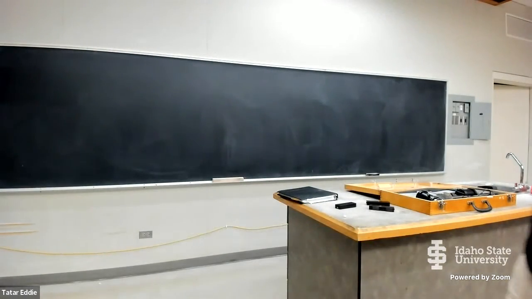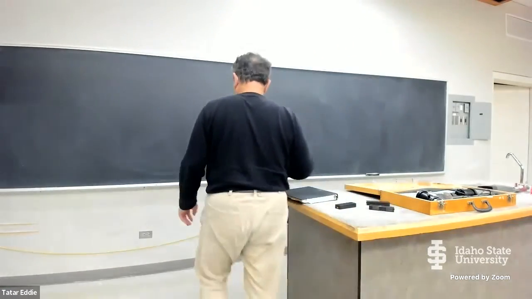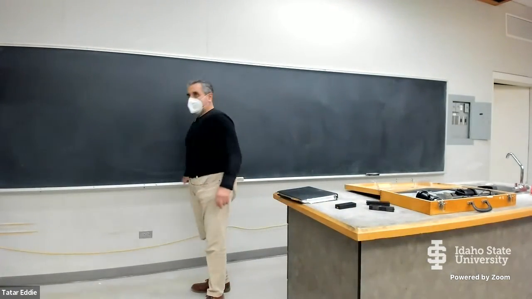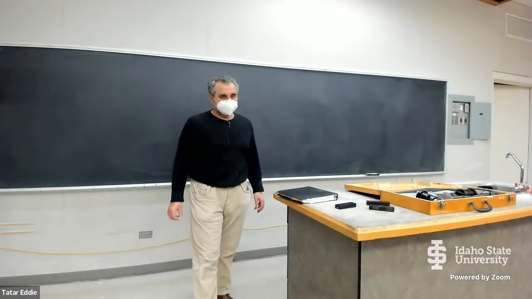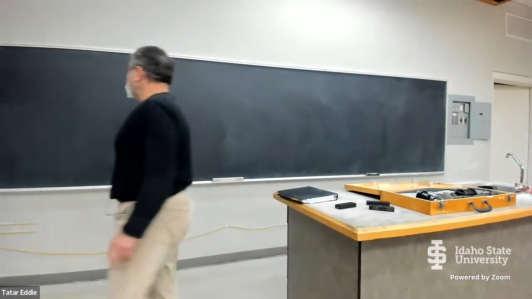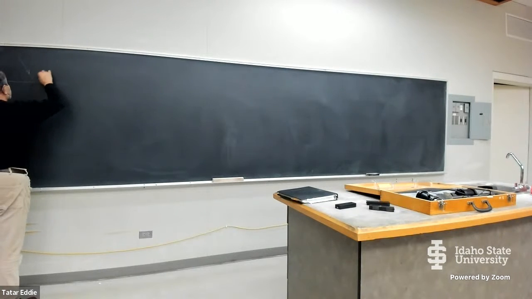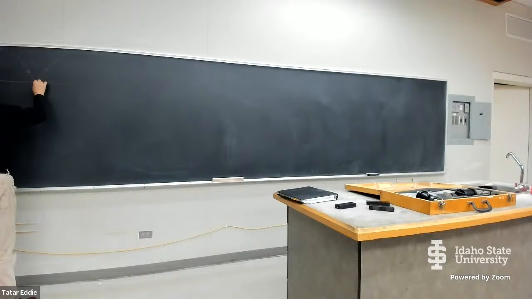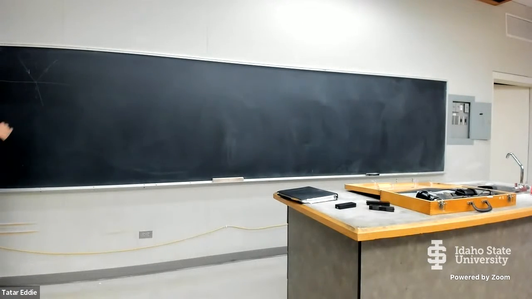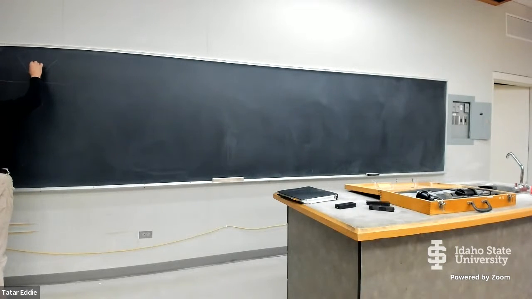So last time we started talking about refraction of light. The idea there was that if you have two transparent materials, and this is the interface between them, an incident light ray is always going to be split into a reflected light ray and a light ray that penetrates in the second medium, which we call the refracted light ray.